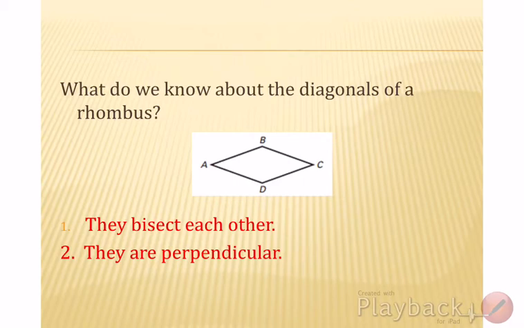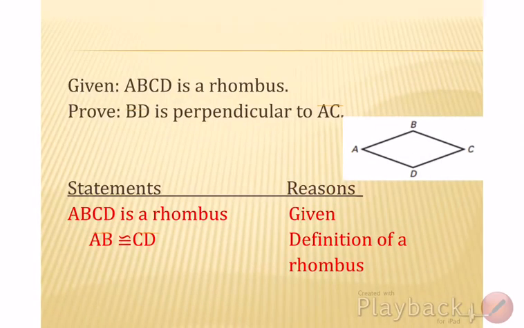Are we ready for a proof? Given that ABCD is a rhombus, prove that BD is perpendicular to AC. So BD is our line here, and we want to prove that it's perpendicular to AC.